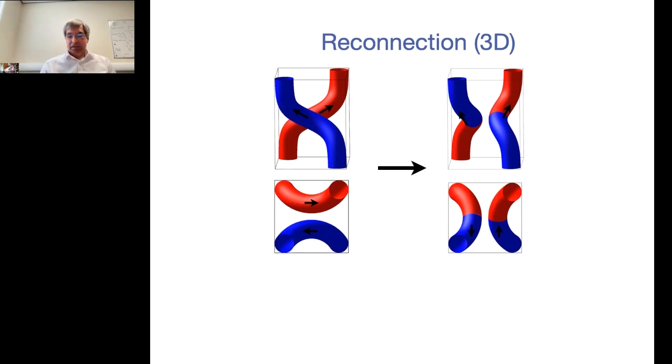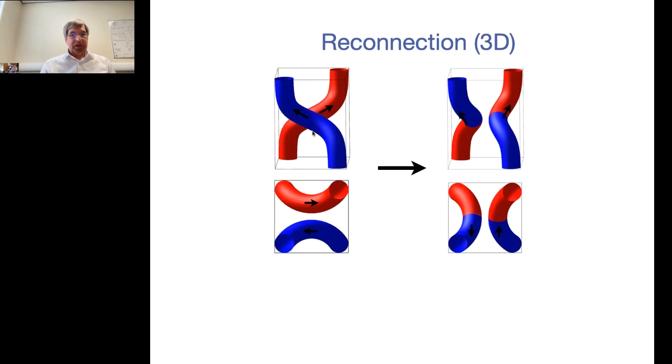I give a little cartoon here to show how the topology can change under magnetic reconnection. We have two flux tubes here, a blue and a red one. They get into close contact, which means there is a strong current between them.